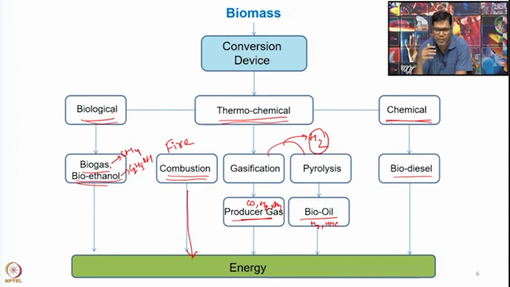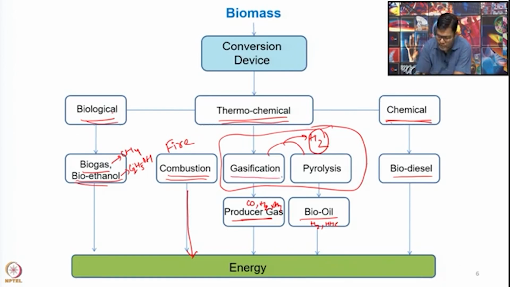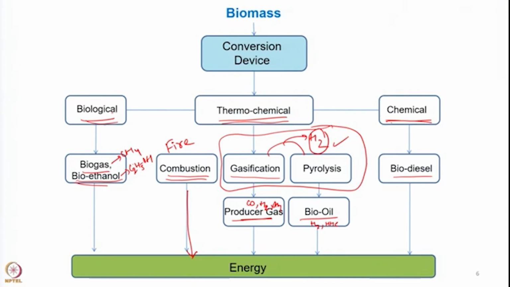They do not use biological microbes to convert, but a standard chemical practice, a catalytic conversion process where we convert the fat and fatty acids in the biomass to biodiesel. But this particular module will be focused on these two parts, gasification and pyrolysis, and then when we go to coal we will see that coal gasification is the pathway for getting hydrogen. So, yeah.